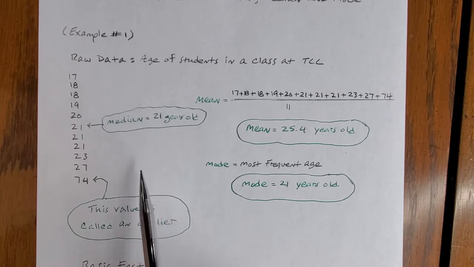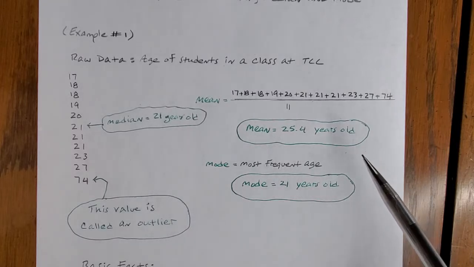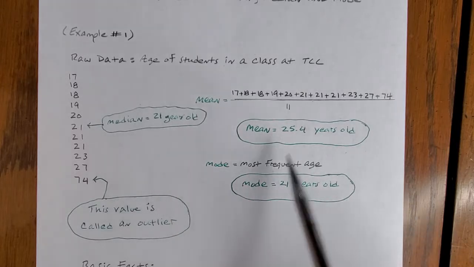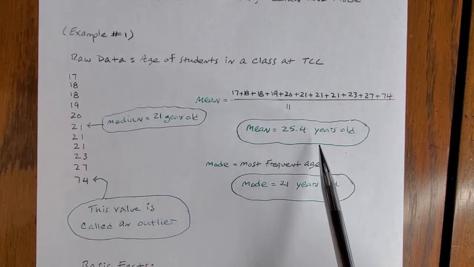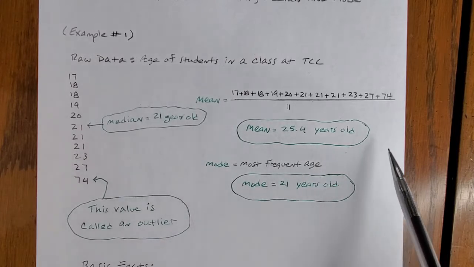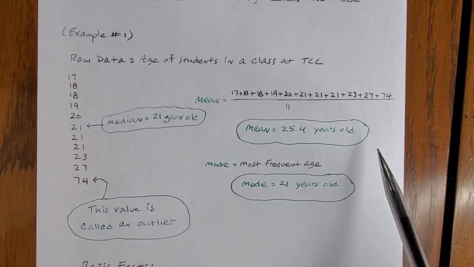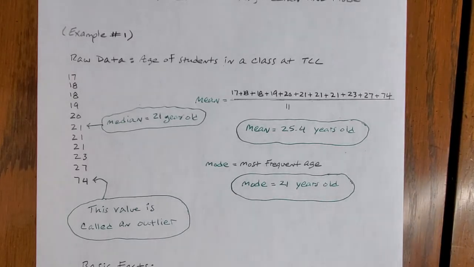Now, notice two of these numbers are different. It turns out that the median and the mode are the same, and then the mean's different. So why do we learn to calculate all three of them? Is there some kind of consideration where we might choose one number over the other?